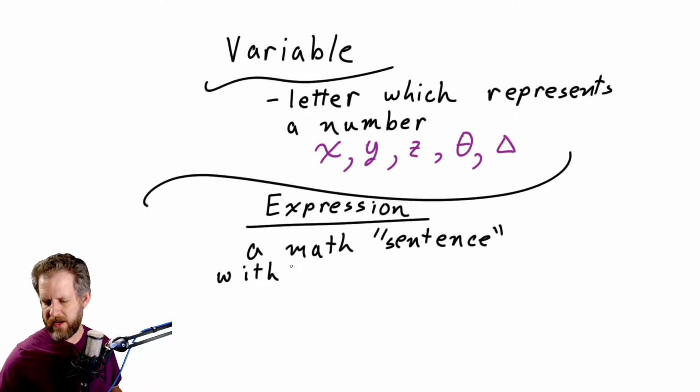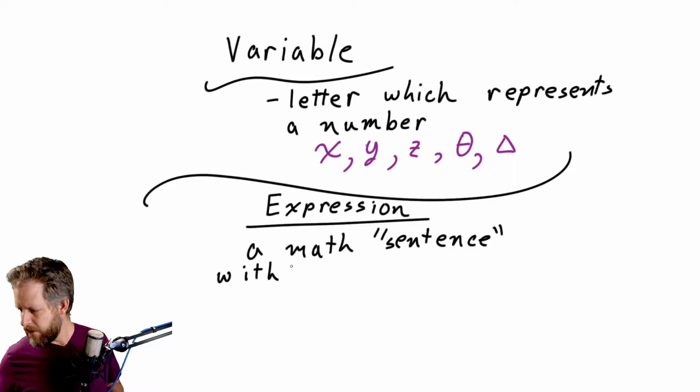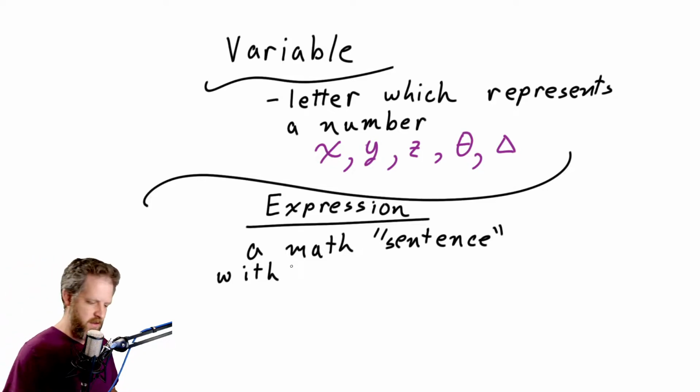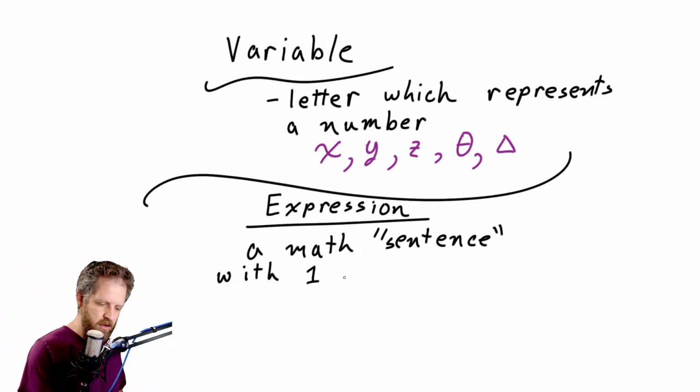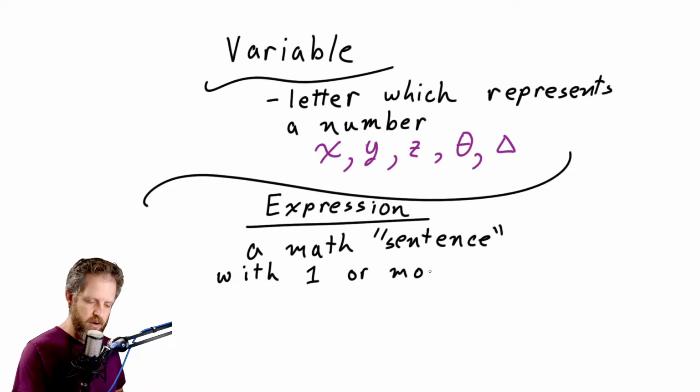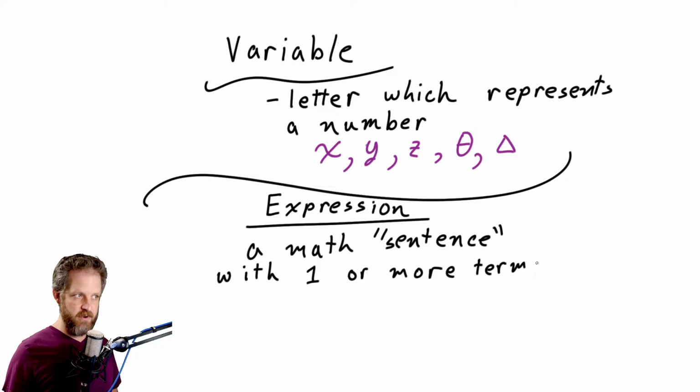It's a math sentence defined with one or more terms. Now, what is a term? For our purposes, a term is numbers and variables multiplied together or divided together, right?